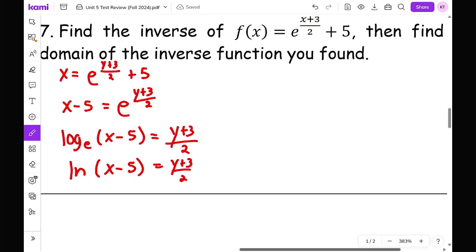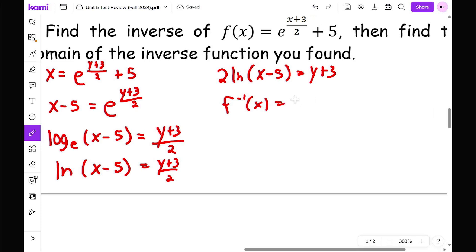So I'll multiply both sides by 2. So I have 2 natural log of x minus 5 is equal to y plus 3. And lastly, subtract 3 from both sides. So again, in the end, my inverse should be 2 times the natural log of x minus 5, minus 3.